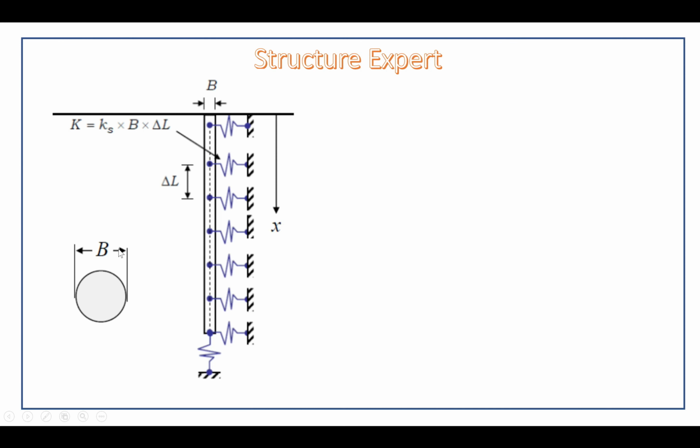Okay, you see here, this one is the B, the diameter of a pile, or we can use D, the diameter of a bored pile, it is the same. And this one is the soil spring, and this one is the soil spring, and the delta L is equal to the node spacing. When you use finite element software, you can define node spacing.